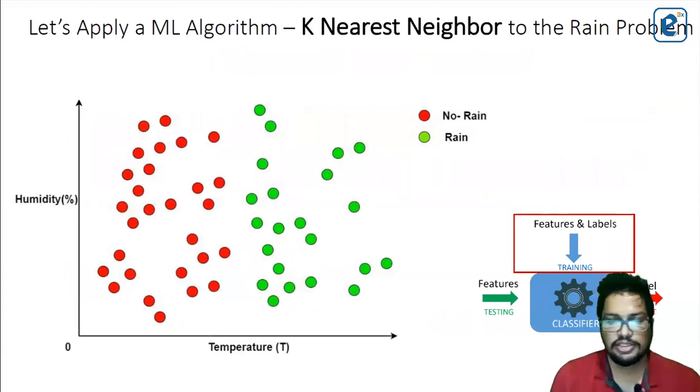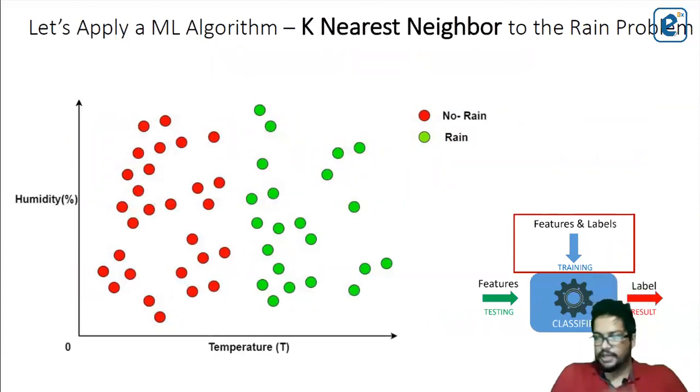Right. So you can remember the last example that we took, right? The last example in the sense that we created a data set, humidity and temperature, and we want to predict whether it's going to rain today or not, right? So first we are going to do the training part, right?